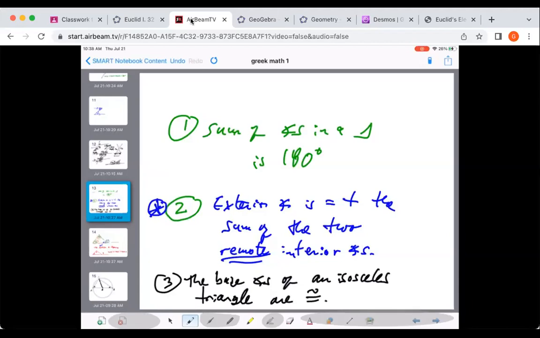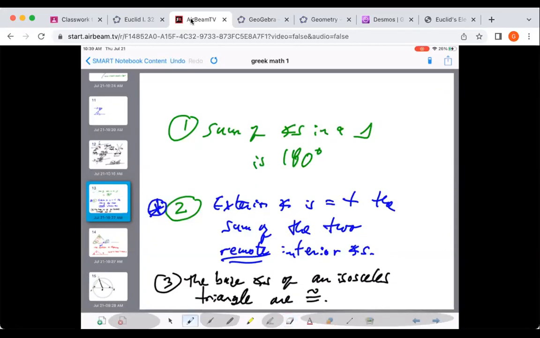Euclid proves that. It's actually very early in Euclid's Elements to prove that. It seems kind of obvious to us nowadays because the way I think of an isosceles triangle, there's almost like a line of symmetry down the middle, which makes these two angles have to be equal also. But it actually is something that Euclid proves.